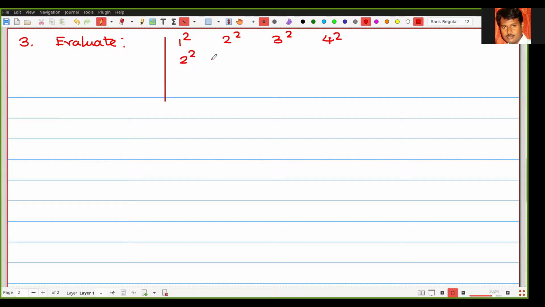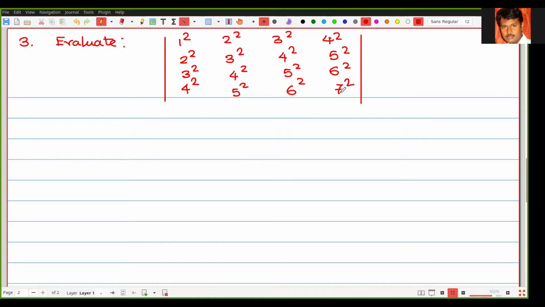Here 2 square, 3 square, 4 square, 5 square. Third row 3 square, 4 square, 5 square, 6 square. Fourth row 4 square, 5 square, 6 square, 7 square.